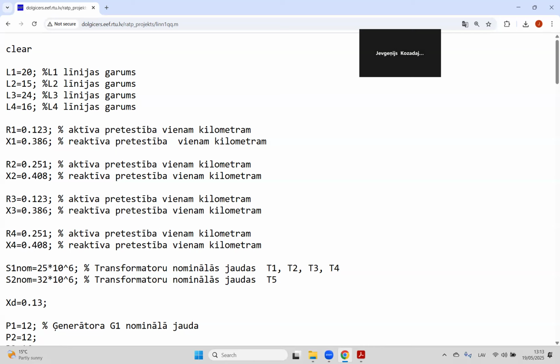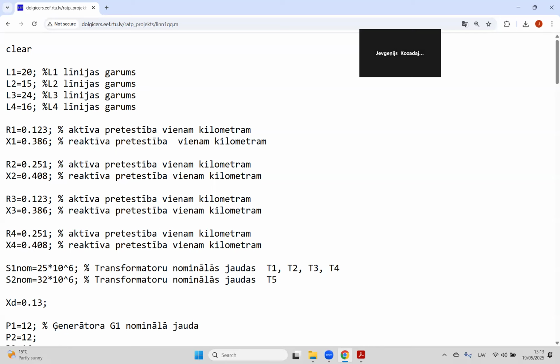Okay, so let's continue with this code which is written for you. What do we have here? Of course, I'll change these comments from Latvian to English, but it's very simple. L is line lengths, then resistance, reactance, and so on for every element. This is made for any example, so you need to adapt it for your network.